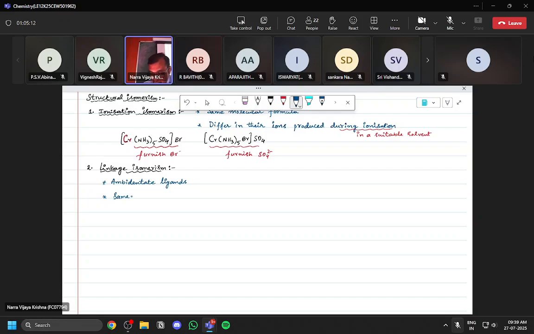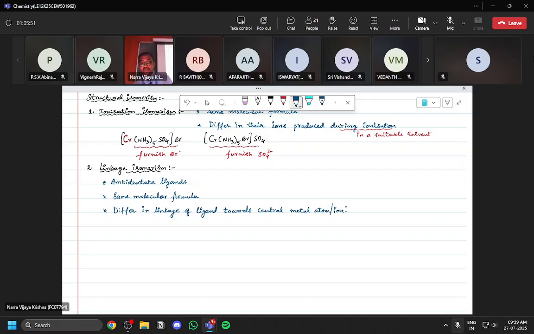They have the same molecular formula but differ in the linkage of the ligand towards the central atom, right?